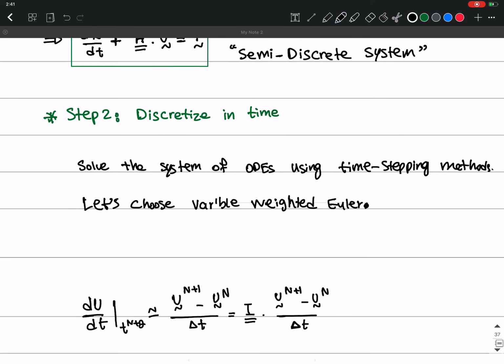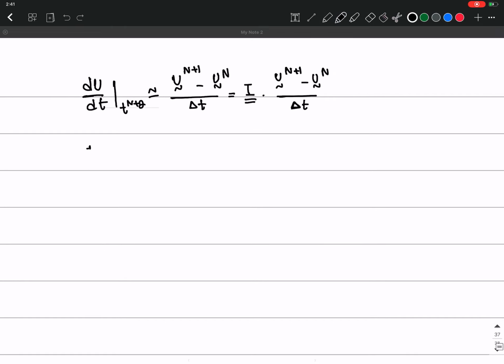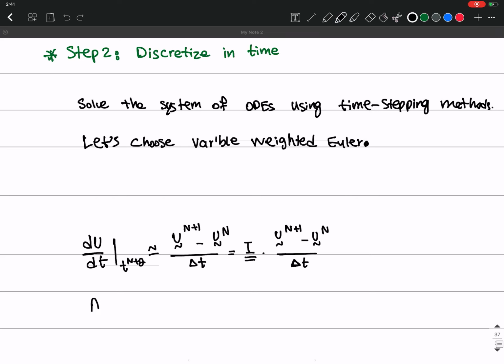So the second term is A u, right? So I'm going to write it u at Tn plus theta. This can be approximated as theta. This is where we have the variable weighted method.